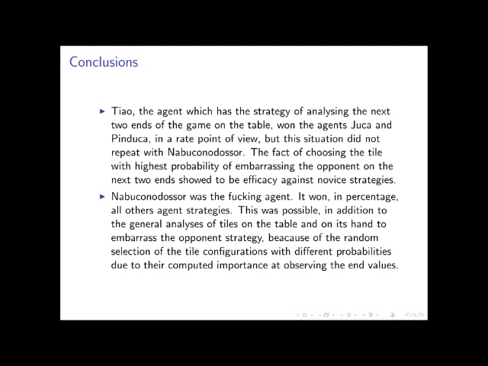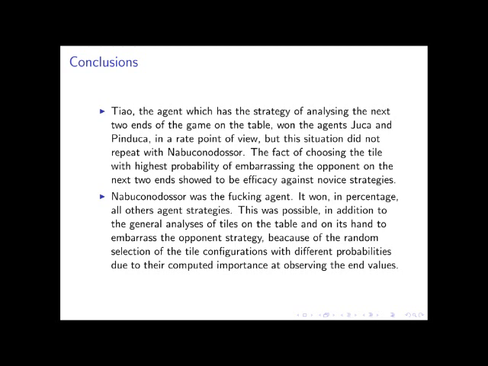but this situation did not repeat with Nabucodonosor. Choosing the tile with highest probability of embarrassing the opponent on the next two ends showed to be effective against novice strategies. Nabucodonosor was the best agent. It won in percentage against all the other agents' strategies.